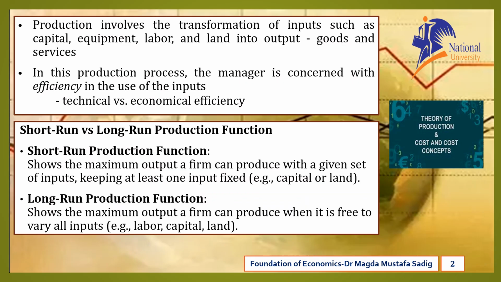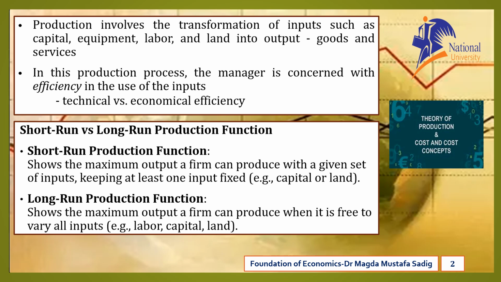Today, in this slide, we will explore how firms transform inputs into outputs and make decisions about resource use. And as I have mentioned, this is crucial for understanding how business operates, reduces cost, and responds to change in the economy. So what is production?